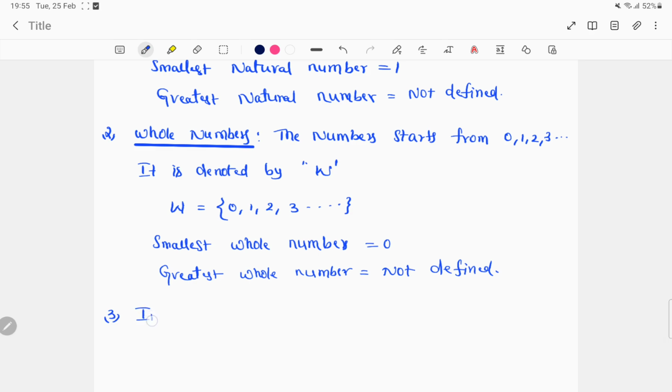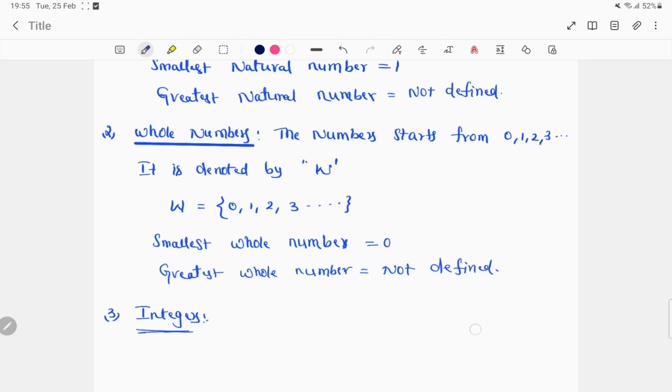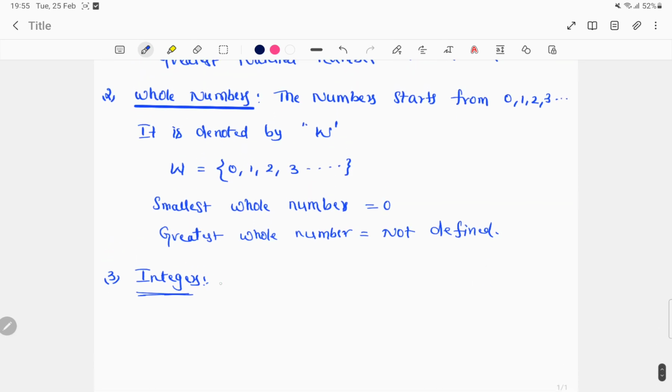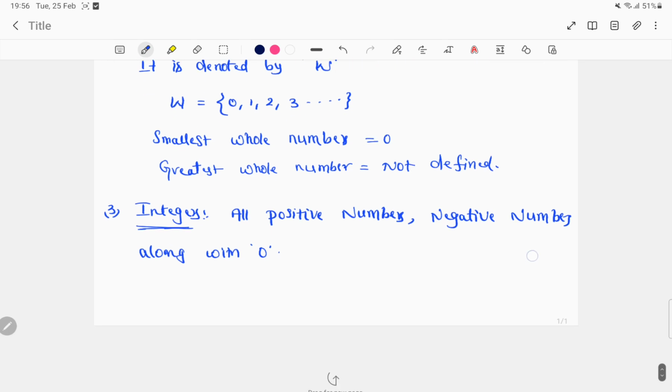So the third one, integers. What is the definition of integers? All positive numbers, negative numbers, along with 0 are called integers.